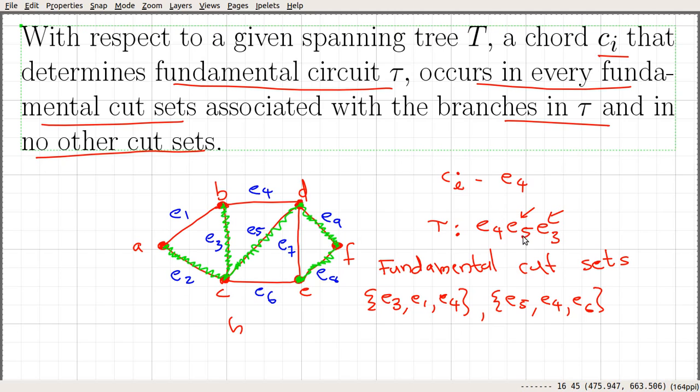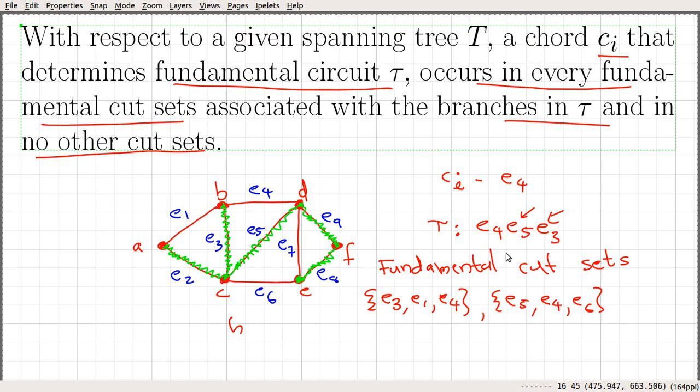So the fundamental cut set associated with E5 will be E4, E5, E6, and the fundamental cut set associated with the branch edge E3 will be E1, E3, E4. So these are the only two fundamental cut sets corresponding to the branch edges E5 and E3 in this fundamental circuit.